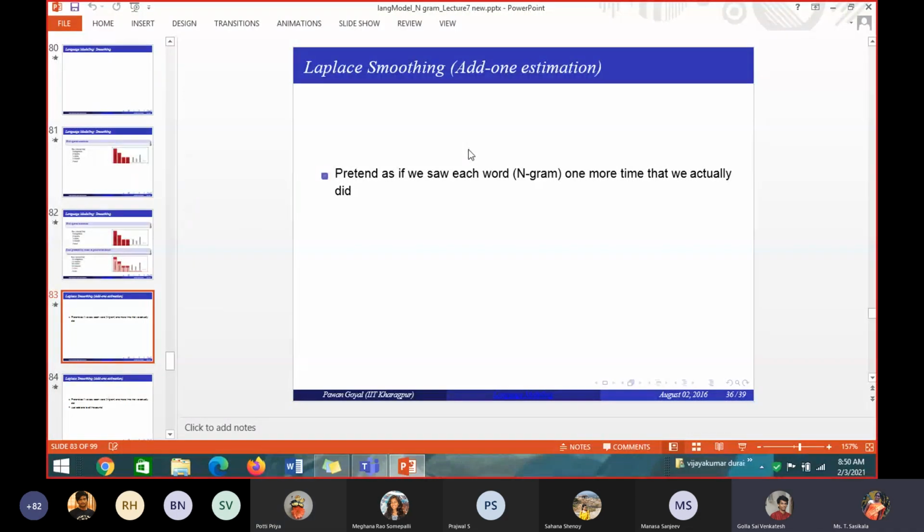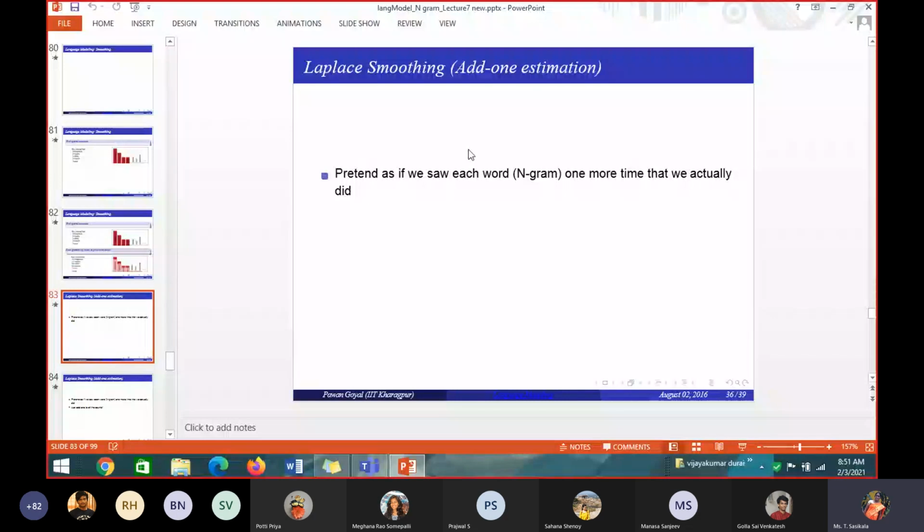If it is present 2 times, according to Laplace smoothing I pretend it is seen 3 times. That's why the other name is add one estimation. If the count of the word is 0, I add 1 so it becomes 1. If the count is 1, it becomes 2. If the count is 2, it becomes 3.